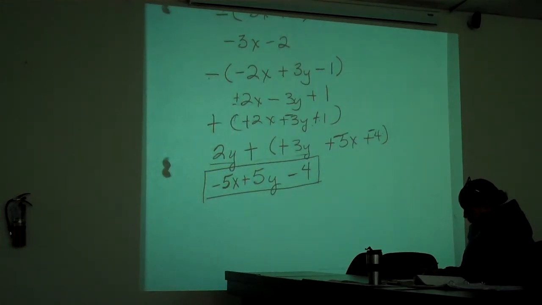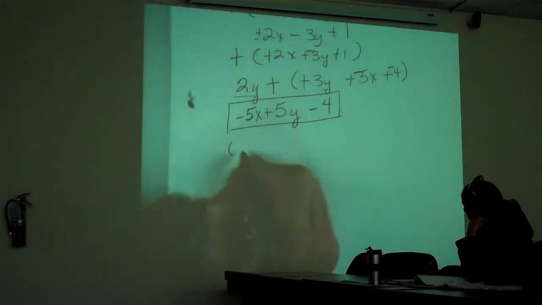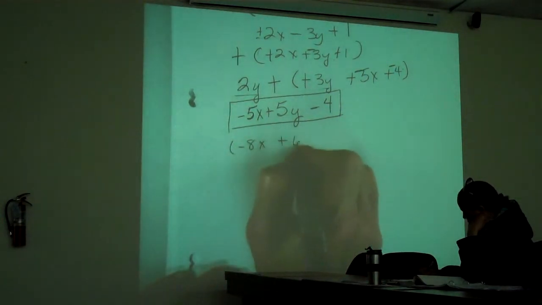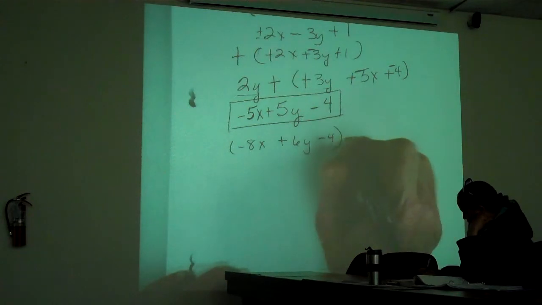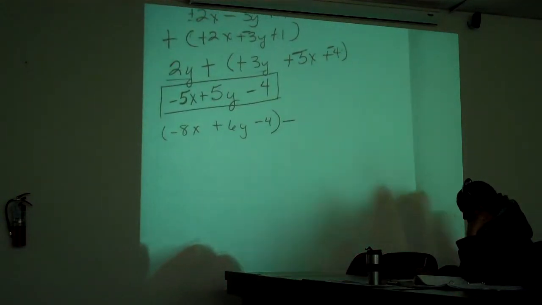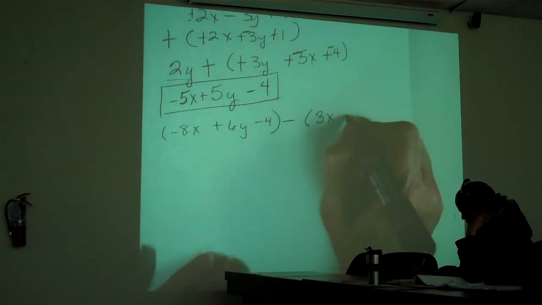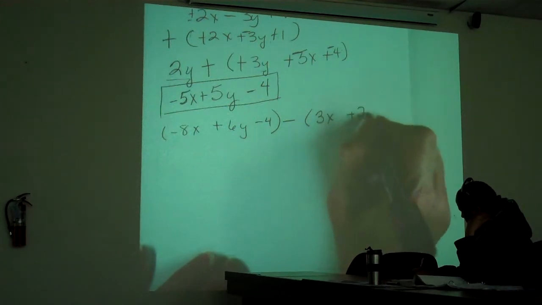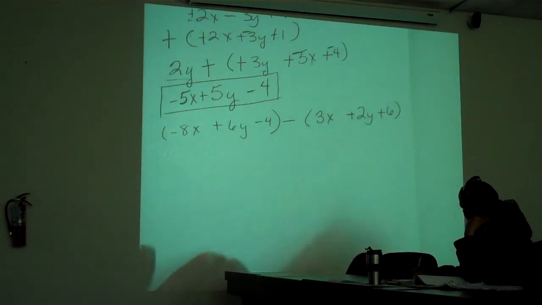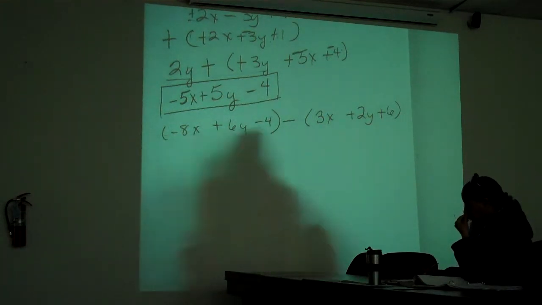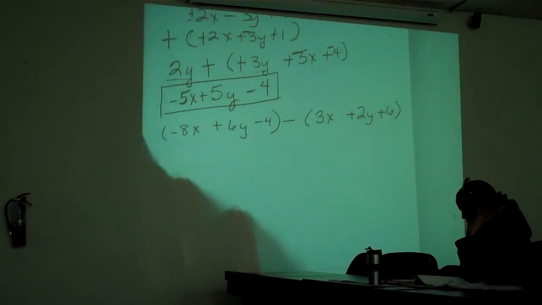Okay, let's do another one, like, let's have negative 8x plus 6y minus 4 minus. If you used a whole other line to do it, you would just take the parentheses off of this, because there's no minus here.